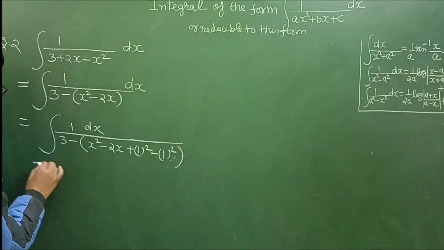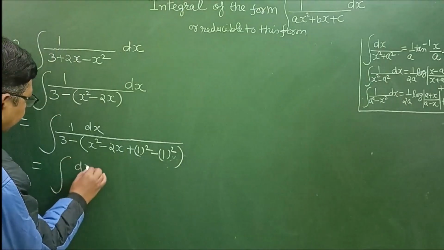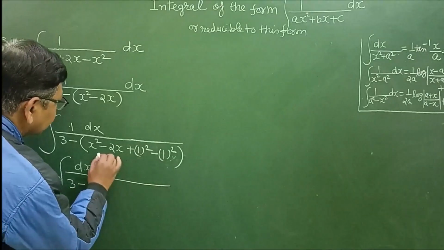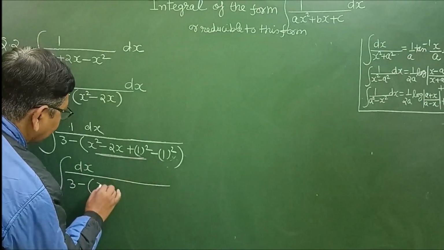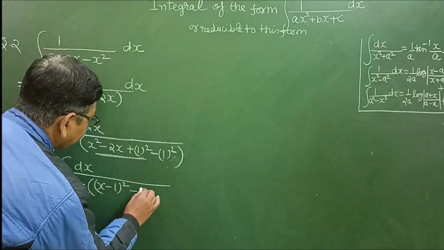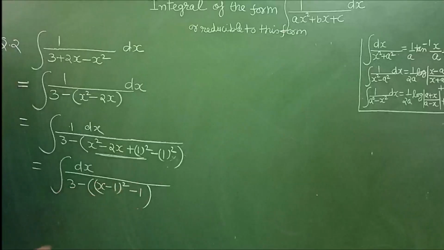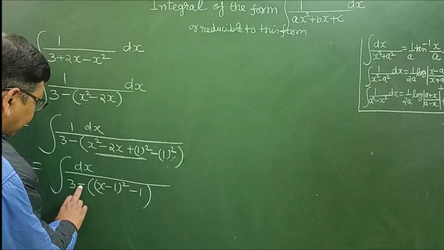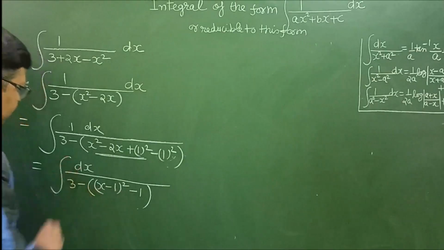Bracket close. This is equal to integral dx upon 3 minus, these three terms make a perfect square, (x minus 1) whole square minus 1. Now on opening this bracket, the negative sign is outside, so this will become positive and this will become negative.